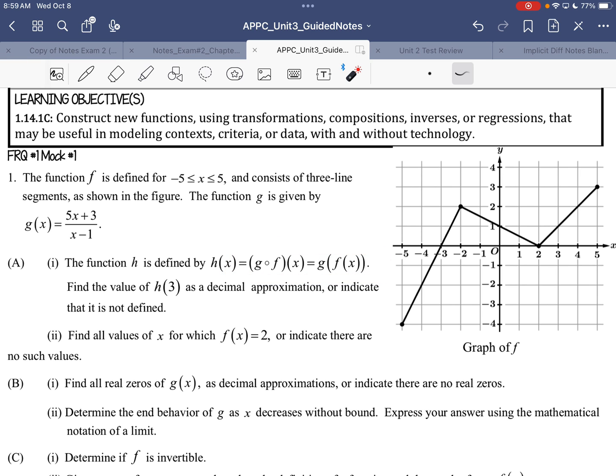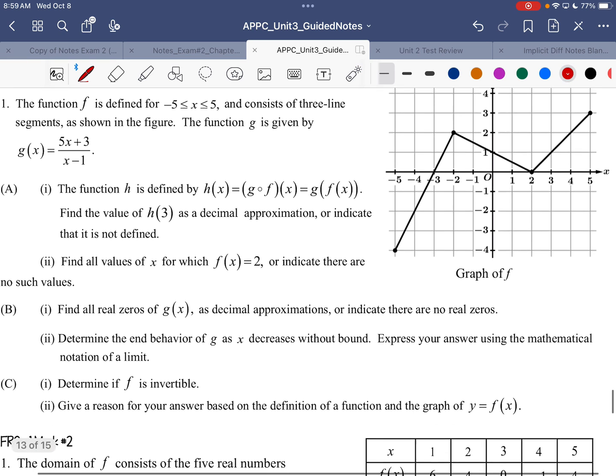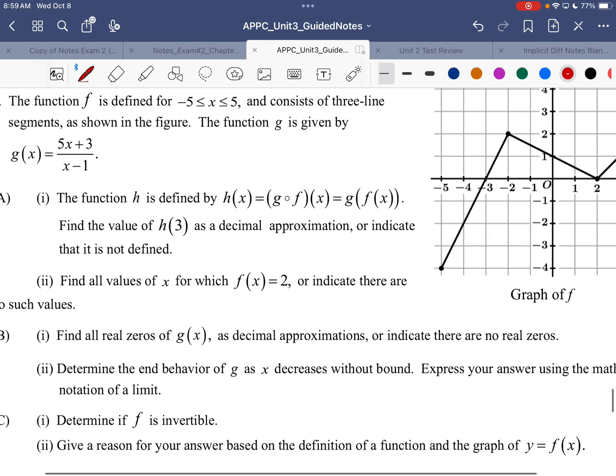So let us practice. If we're doing a composite function and we're saying h of x, this is the version of a composite function that I prefer. We're trying to find h at 3.